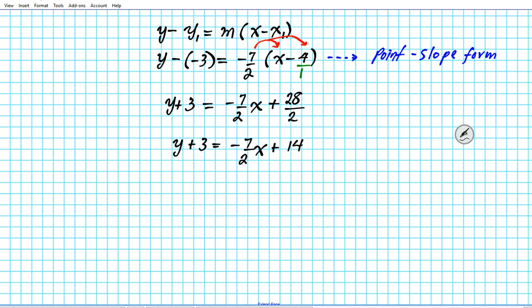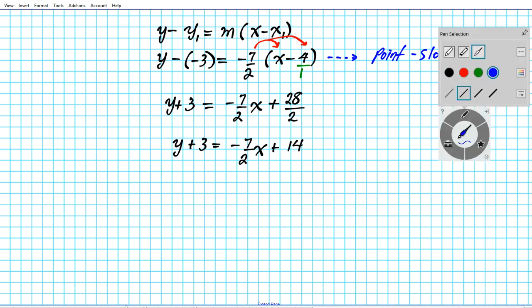Almost there. To get y isolated, we will simply subtract 3 from both sides of the equation. And that yields y equals negative 7 over 2x plus 11.